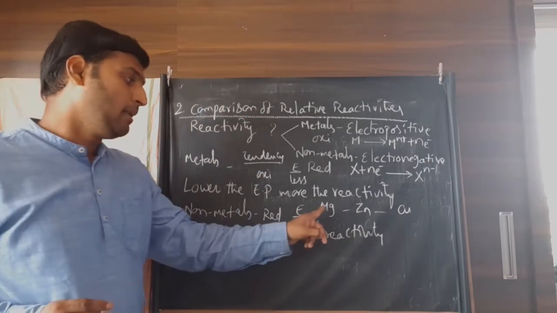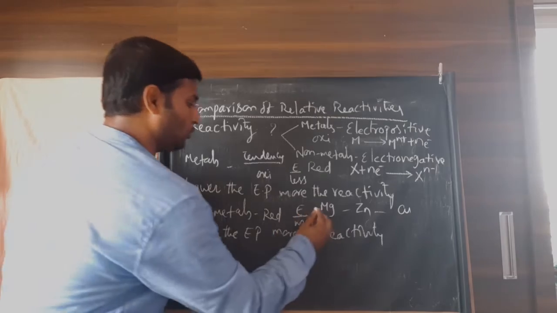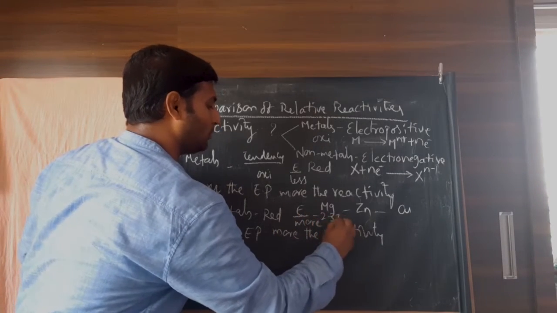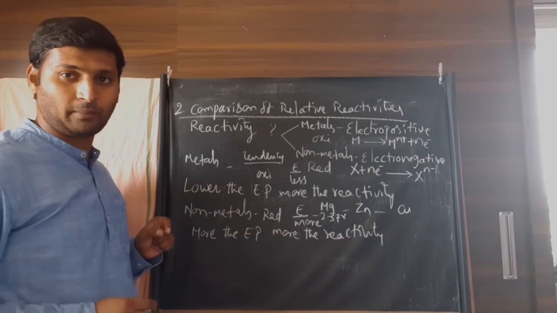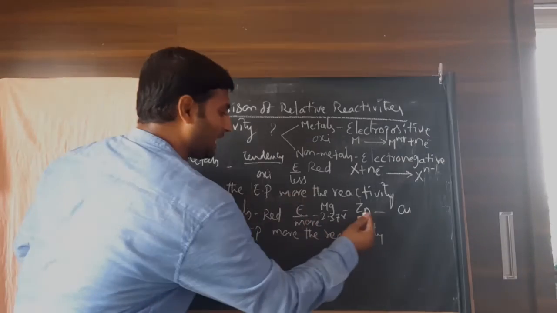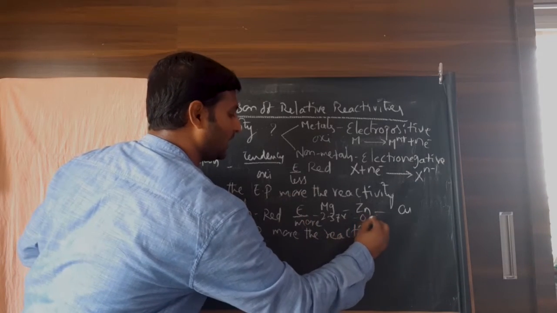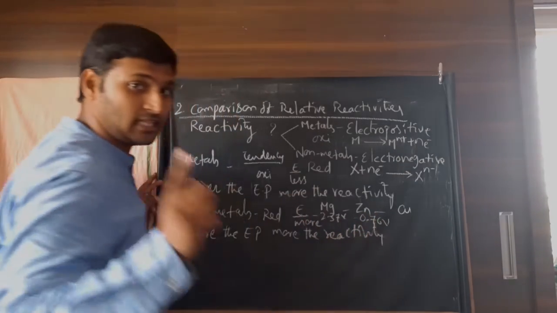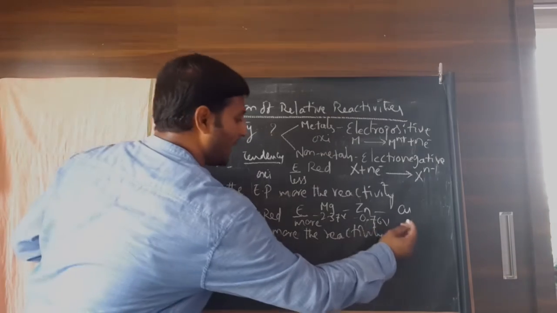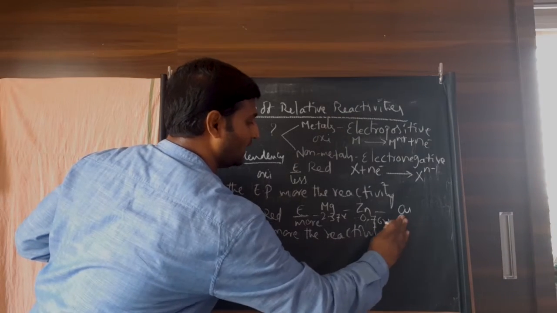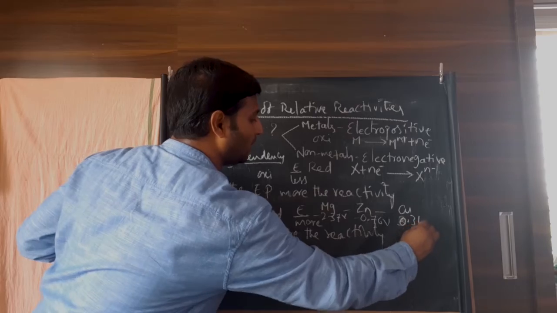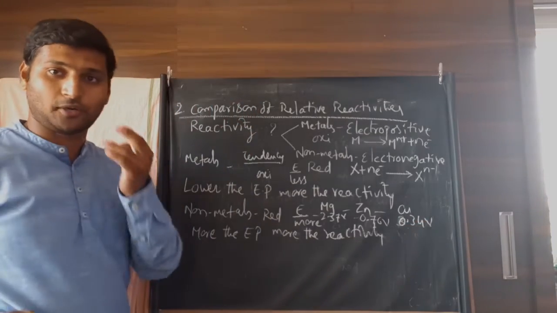Now, magnesium electrode potential value you would have seen minus 2.37 volts there, if I am not wrong. Zinc electrode potential value you must have seen minus 0.76 volts. And copper electrode potential value you would have seen plus 0.34 volts.